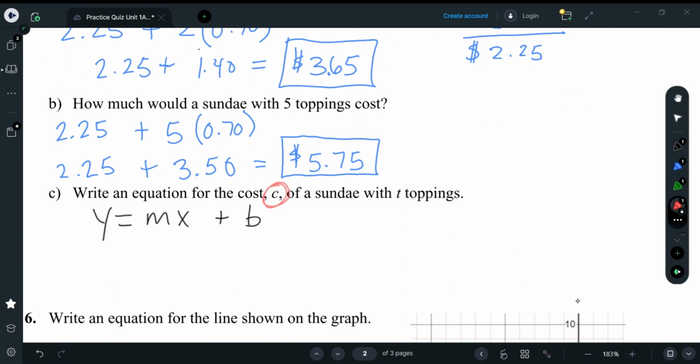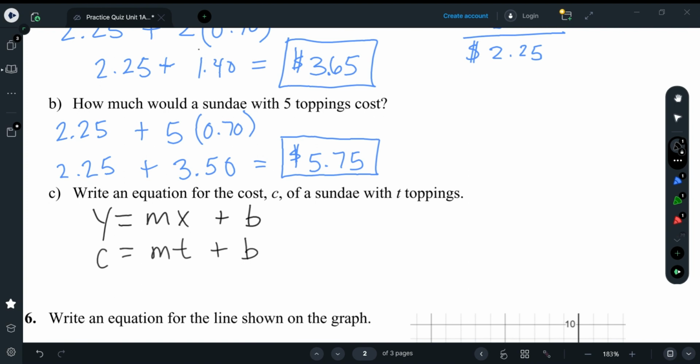They don't want us to use x and y. They want us to use c and t. So the cost C, that's going to be our y variable. And then instead of x, we're going to use t, where t represents the number of toppings.